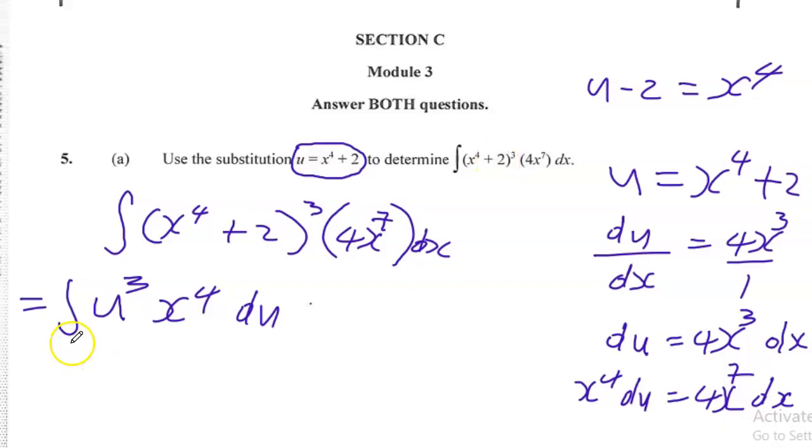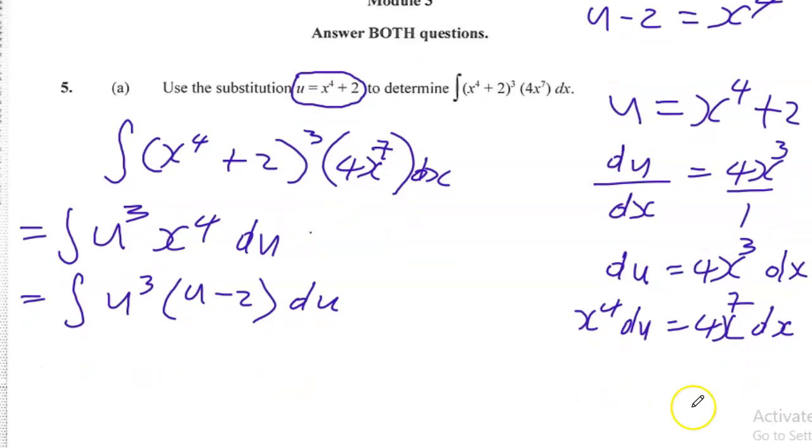So this x to the power of 4 we can rewrite as u minus 2 du. And if we expand the bracket, we end up with u to the power of 3 times u, that's u to the power of 4, minus 2u cubed du.